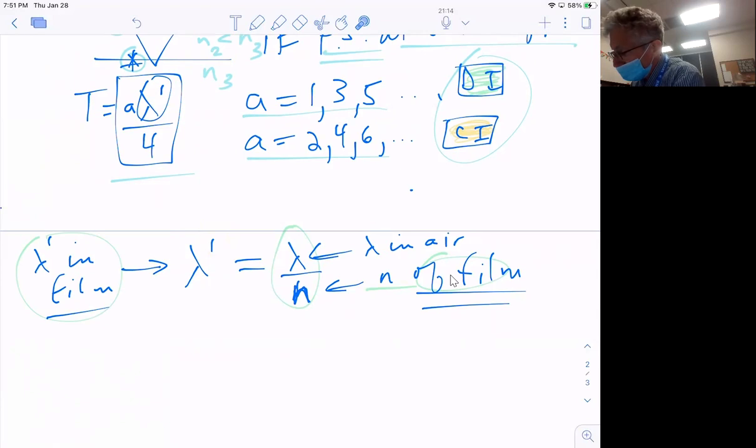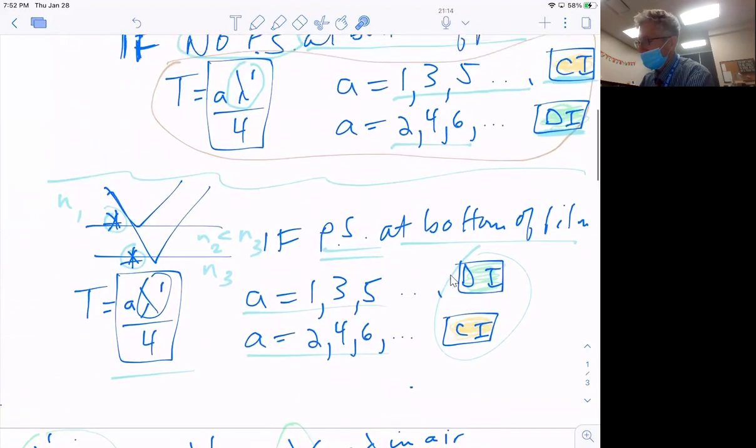You can't use this equation unless you're using the wavelength in the film, and the wavelength changes when it goes into a different medium. So how would you solve for that? It would be the wavelength in the air divided by the n of the film. So you'd have to fix that wavelength that's given from the air first before you use these equations. So there you go. That's it.